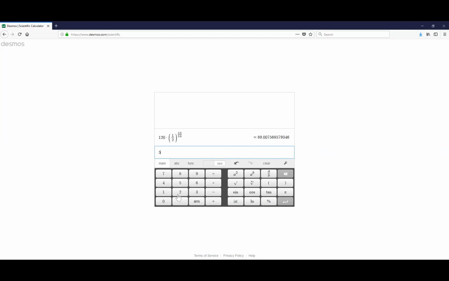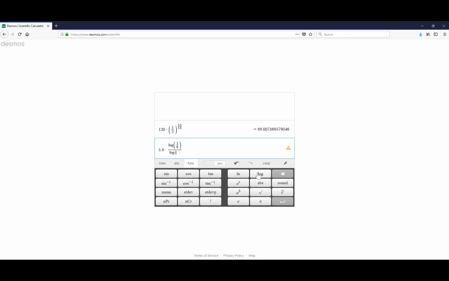So we take 5.8 multiplied by the log of 1 divided by 6, divided by the log of 1 divided by 2.